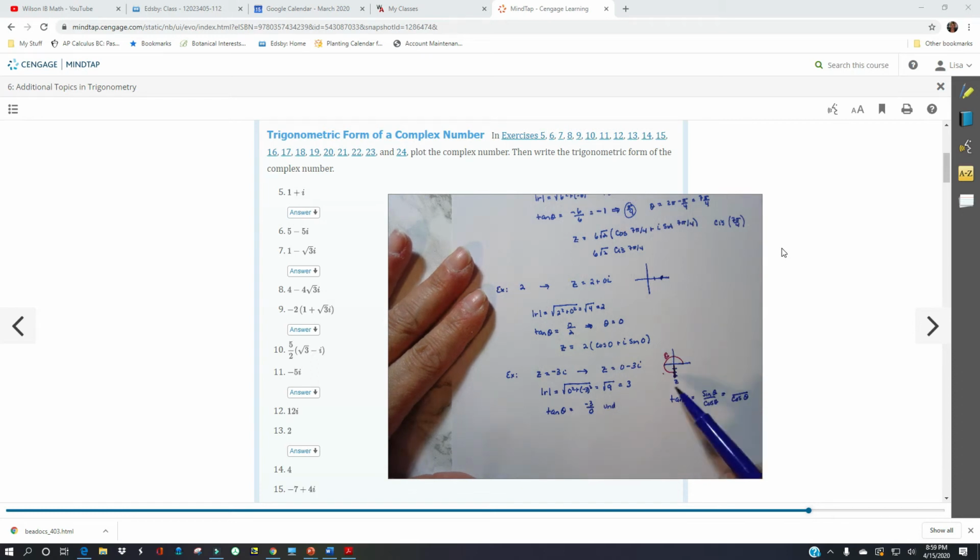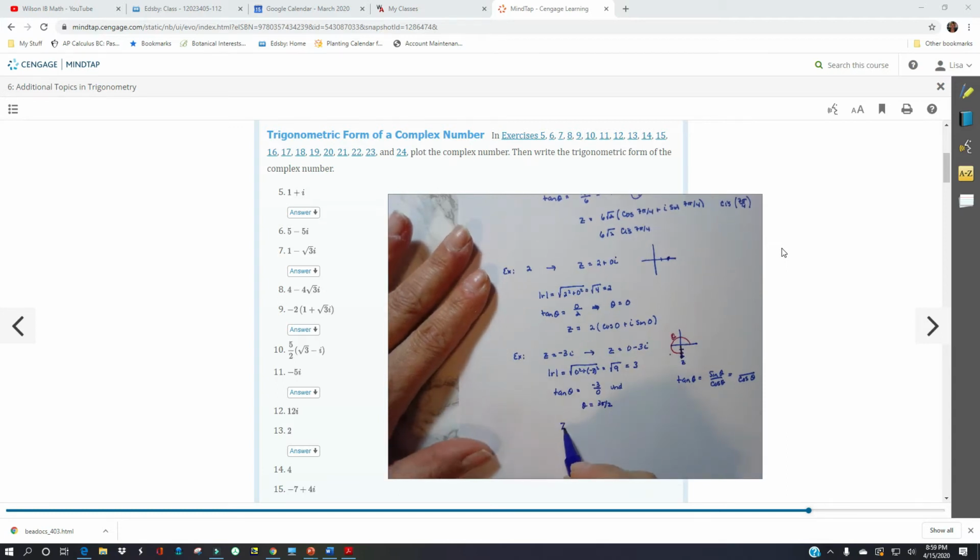And the cosine is 0 at multiples of pi over 2. It's at positive pi over 2, 3 pi over 2, and so forth all the way around. So since our angle stops at 3 pi over 2, we're going to say theta is 3 pi over 2. So therefore, z is equal to 3 times the cosine of 3 pi over 2 plus i sine 3 pi over 2.